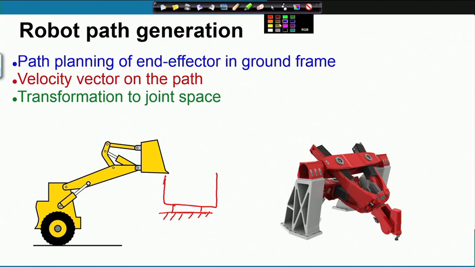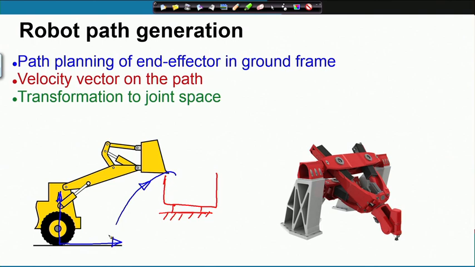In that case, it might go something like this. So, based on our requirement, we have to first plan the path in the ground reference frame.